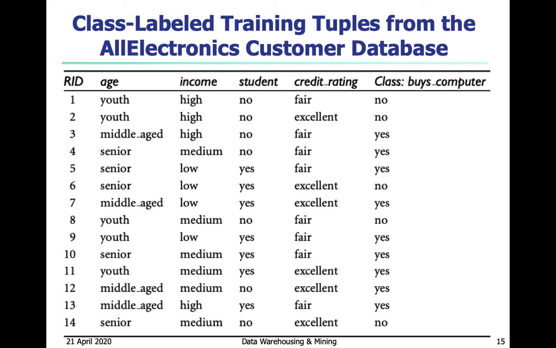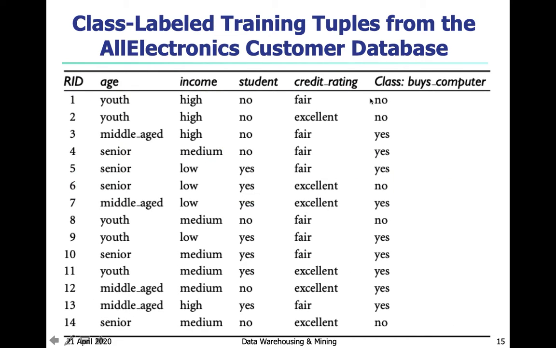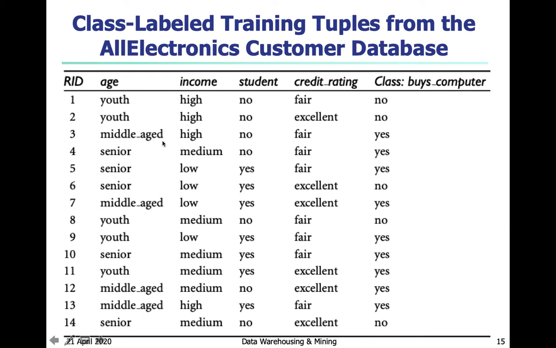The first one is age. If you consider youth, 1, 2, 3, 4, 5, so 5 youths are there. Among them, 3 no and 2 yes. If you consider middle age, 1, 2, 3, 4 middle age are there.